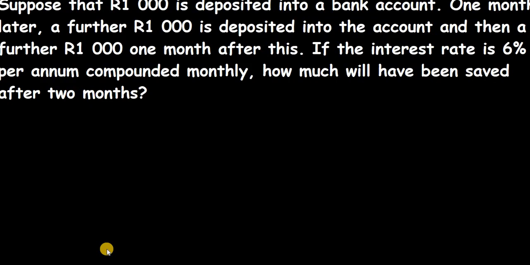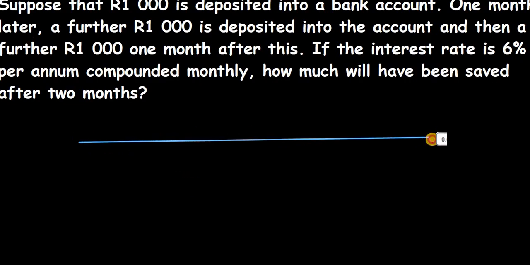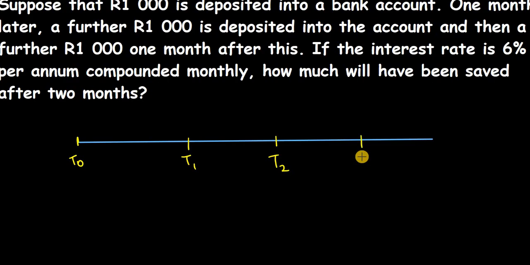Now, listen carefully to this question. I'm going to make a nice timeline of what's going on there. What is the question saying? If I put T0 here, let's also put T1, T2, T3, and perhaps T4. So we have 1,000 rands which is deposited here into a bank account.